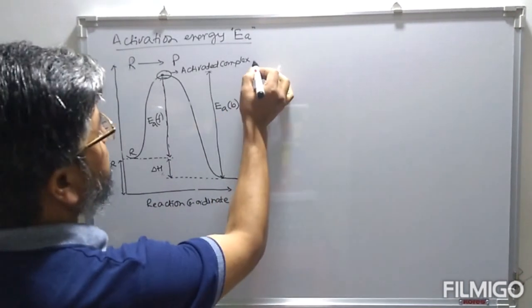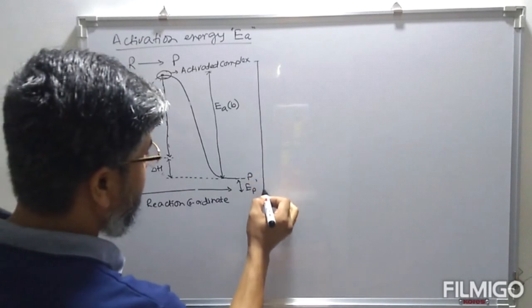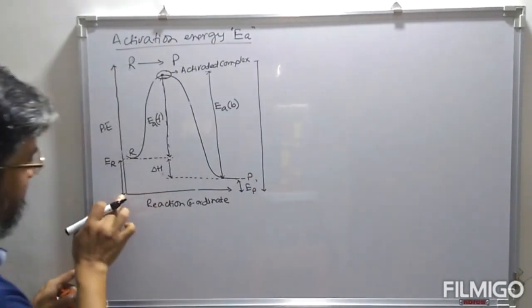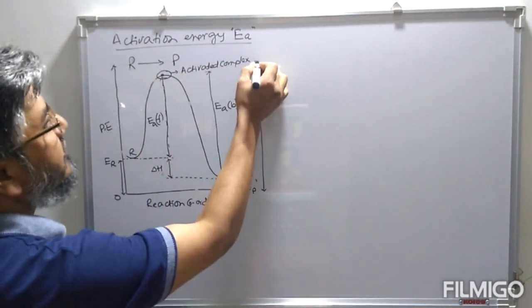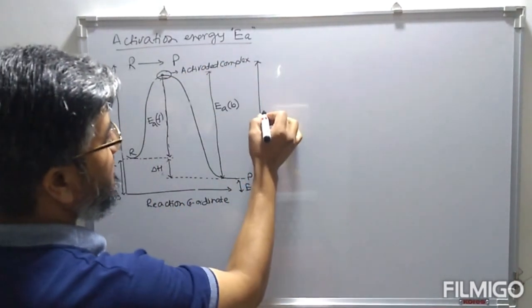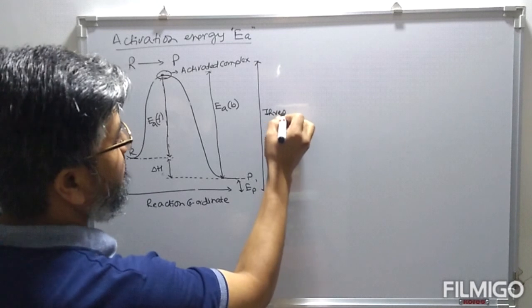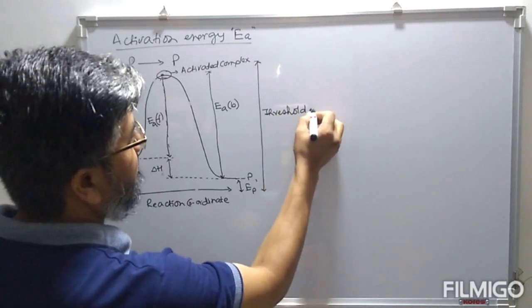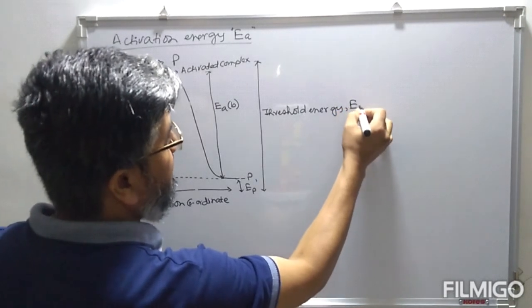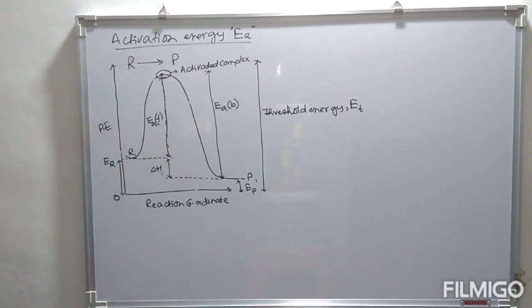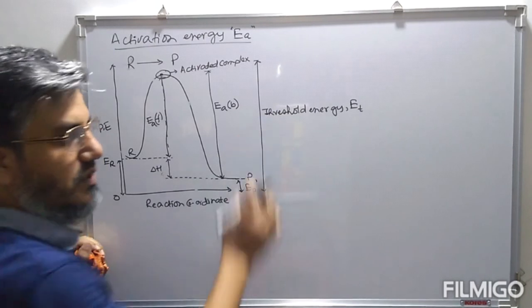This distance from this zero point to this activated complex is known as threshold energy, ET. So we have another term here, threshold energy.